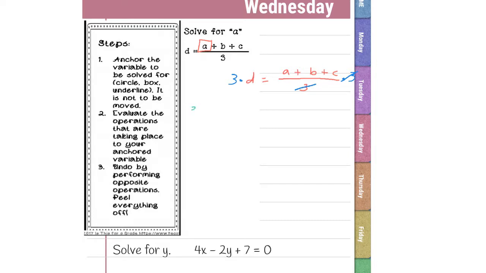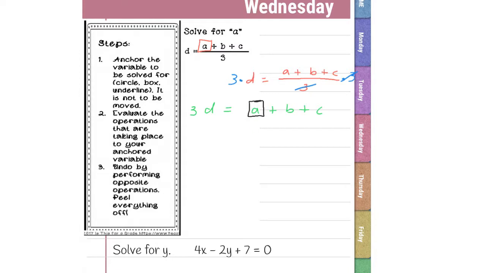Now I'm going to rewrite it. 3D is equal to A plus B plus C. As you can tell, that is a lot nicer to work with. So again, we're solving for A. Now we want to get rid of all of this here and move it to this side so that we have this A by itself.